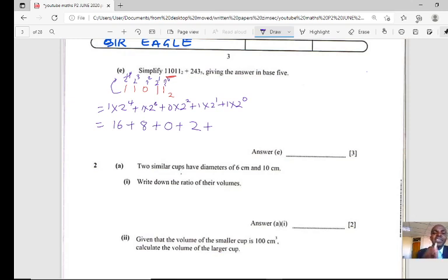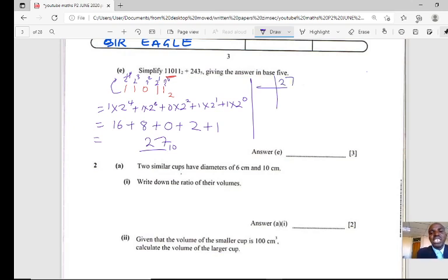Any number raised to the power 0, the result is always 1. These are laws of indices. So here it will be 1 times 1, it will be 1. Simplifying this one, 16 plus 8 plus 2 plus 1, you get 27. But this one will be in base 10. So you have to convert this one to base 5.